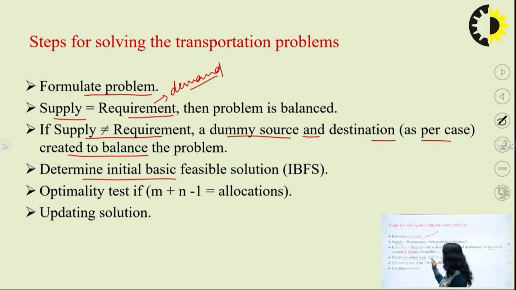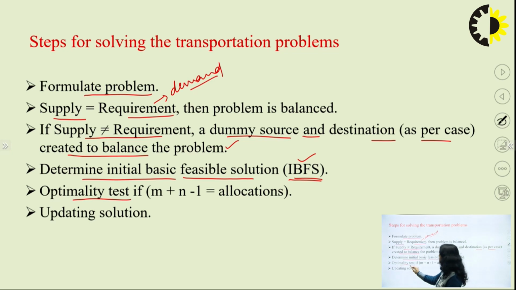So the second step: first we balance our problem, and after balancing, we determine the initial basic feasible solution, which is known as the IBFS. Then we can also check the optimality, meaning whether the solution we have determined is optimal or not.